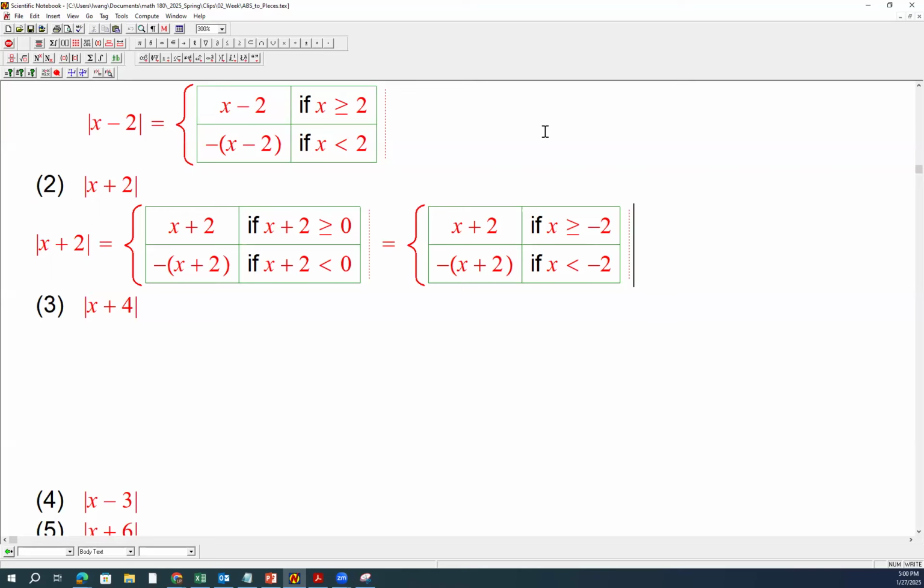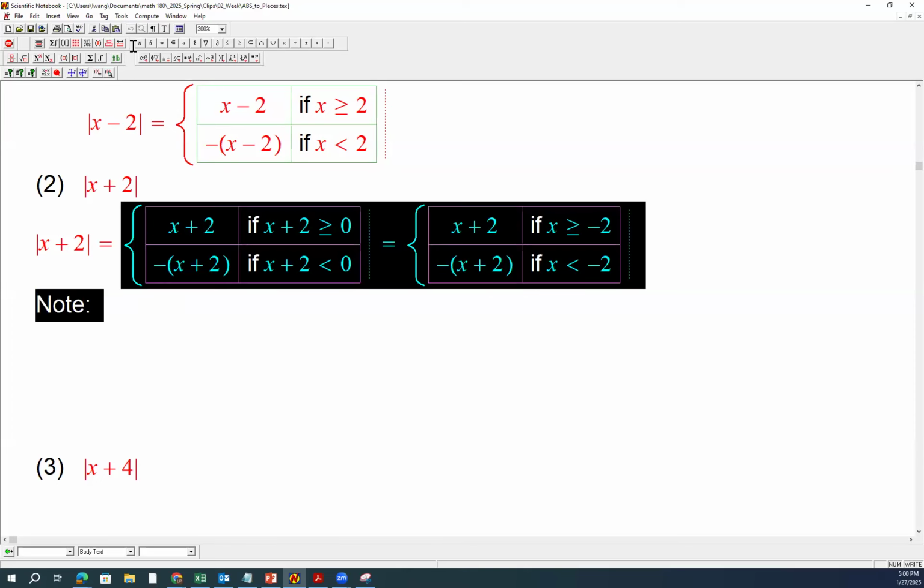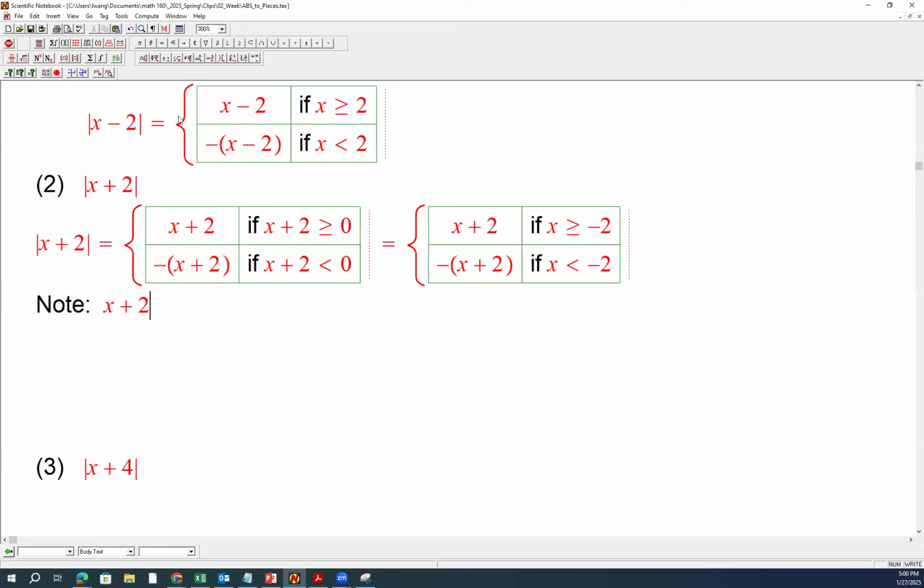Okay, so let me make a little note here. Note: x plus 2 is greater than or equal to 0 if x is greater than or equal to -2. x plus 2 is less than 0 if x is less than -2, right?